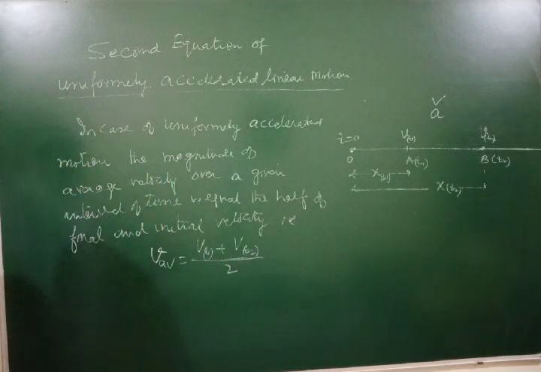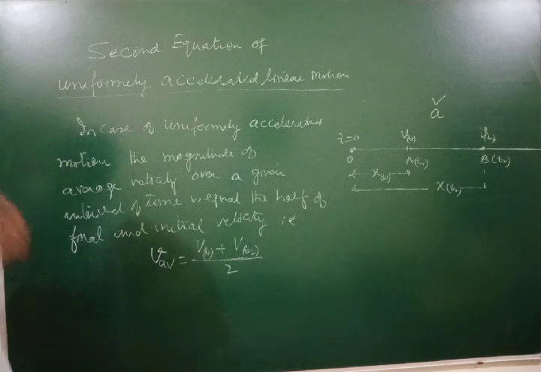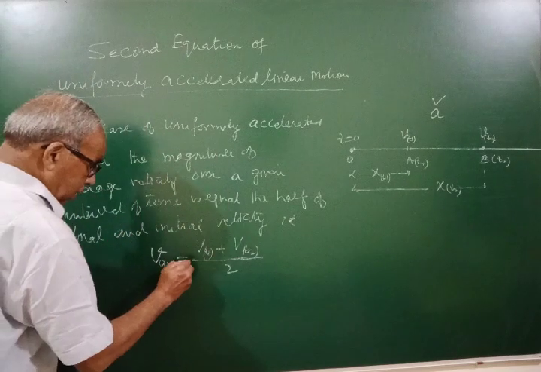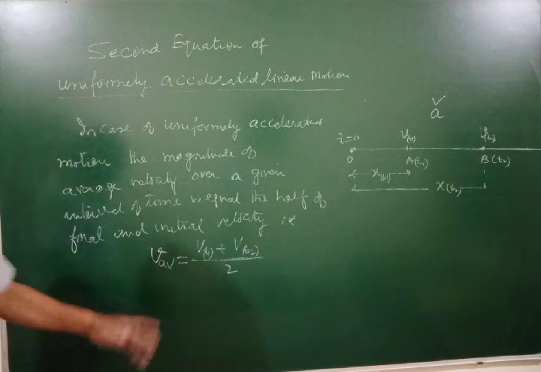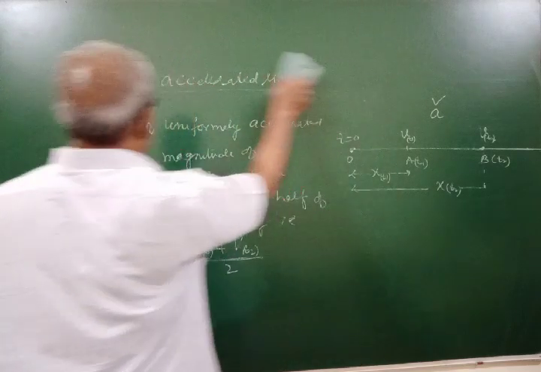Please follow the writing ethics. I have been observing for many years that the fraction line and the equal to sign are not written in front of each other. This should be written like that.